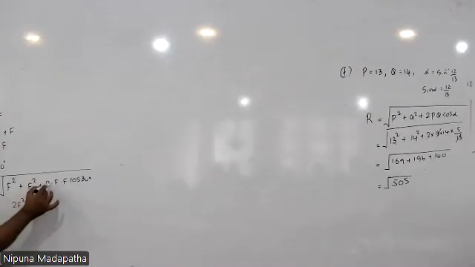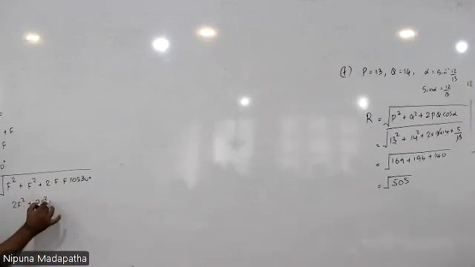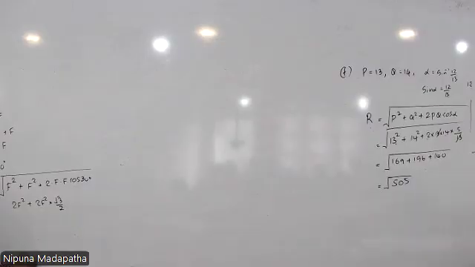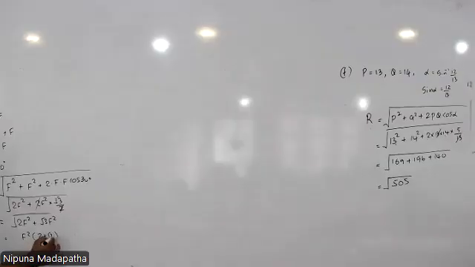Cos 30 is root 3 over 2. So the answer is 2F squared plus root 3 F squared. F squared is a common factor: 2 plus root 3.